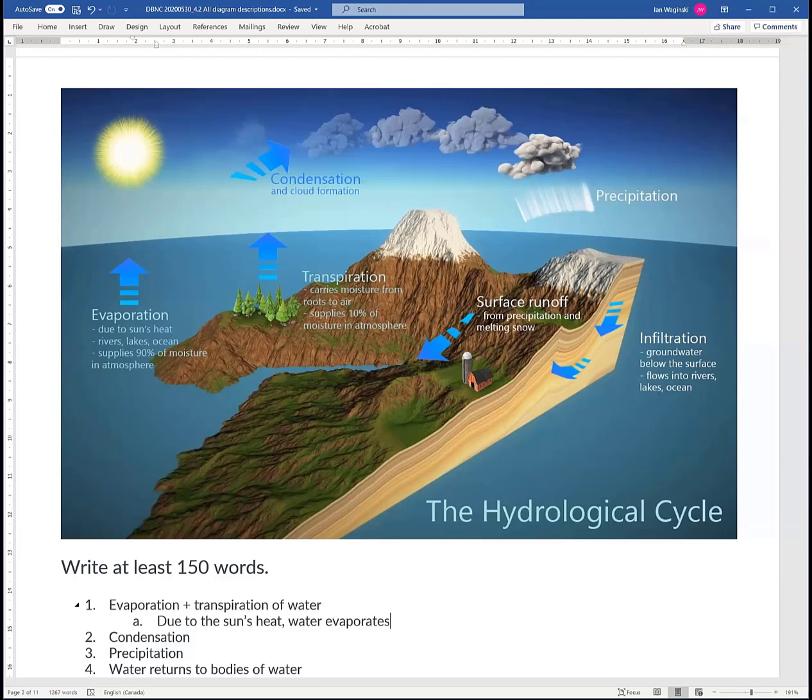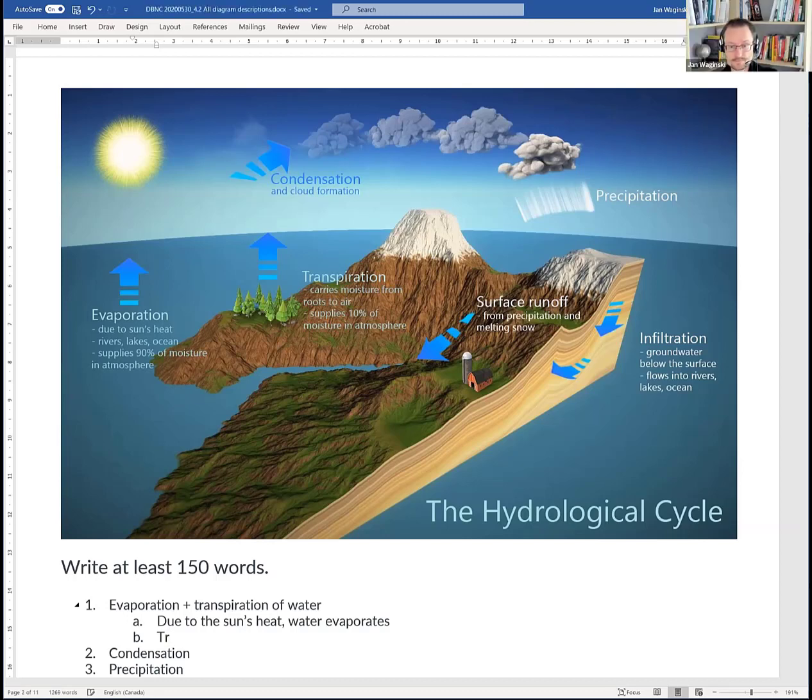Also, how to say that? Transpiration also happens due to the sun's heat, right? It's not specified. You're not required to know anything that's not explicitly stated in the diagram. So just use the information that is available there.